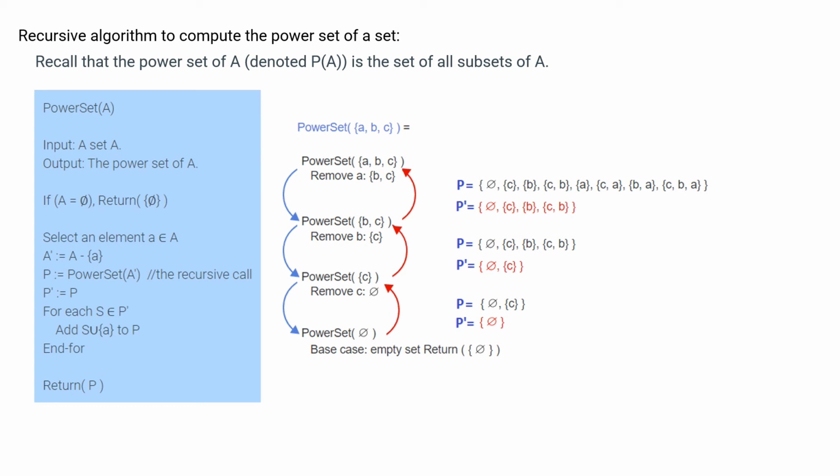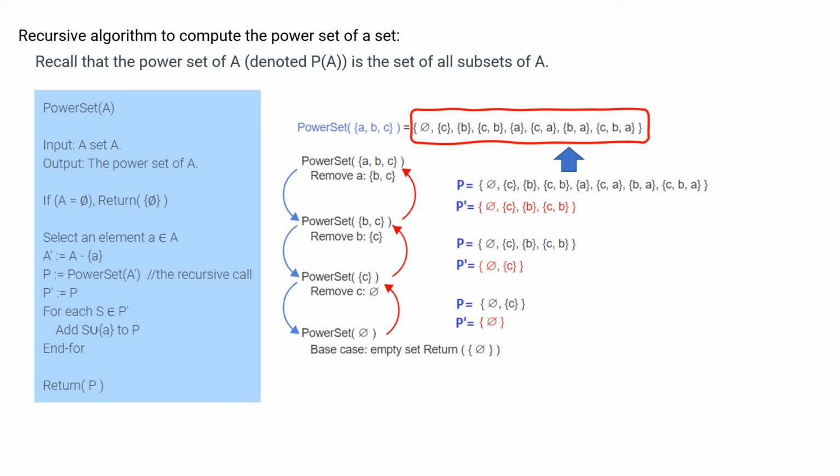So finally here, we have gone all the way up to our initial call of the power set, and then there's no more to do, so then it says to return p. So we would return this p, which is this set right here, and that would be the power set.